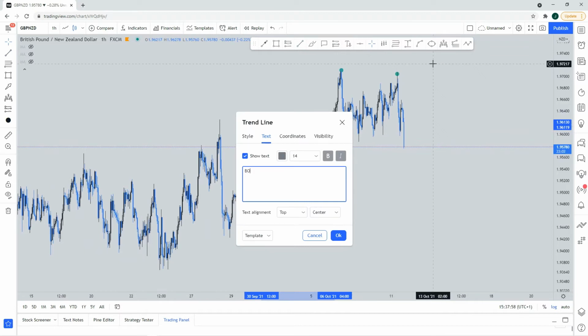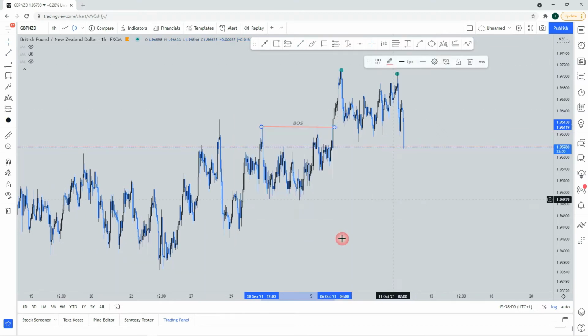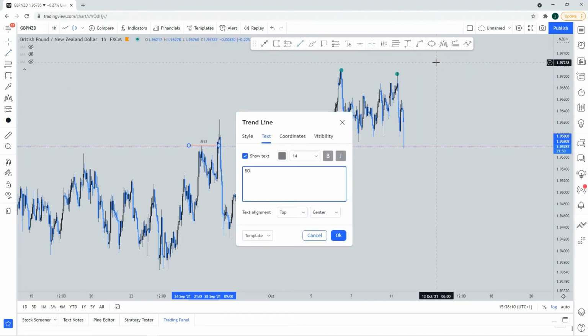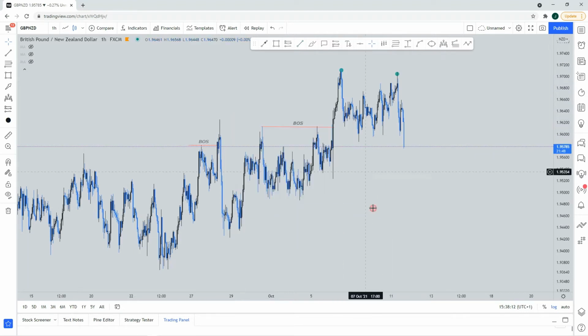So you can put BOS here, and then you can actually move back to your previous, and you can see right there you have a BOS right there. So you can just type BOS, and overall there you want to just move from this time frame here, and you can look at your BOS.